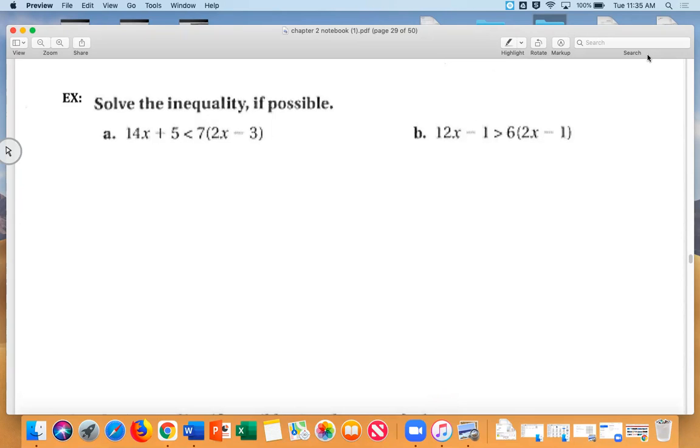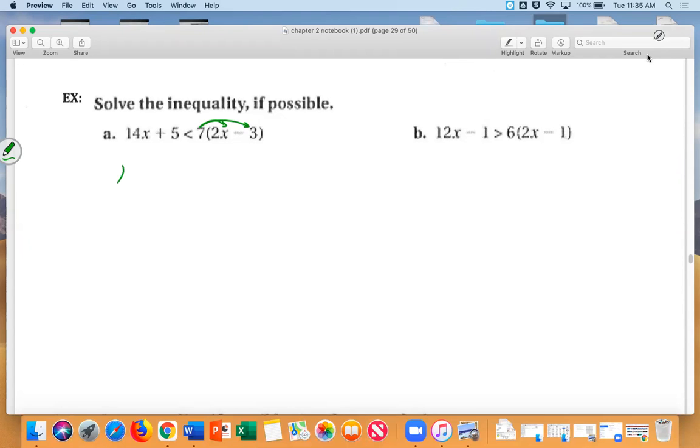My eyes are drawn to the parentheses. So the first thing I want to do, Katie, is get rid of those parentheses. Now, I could try to divide both sides by that 7, but that's not going to really help me out here because 7 doesn't go into 5. So let's go ahead and distribute that 7 in hopes to get rid of the parentheses.